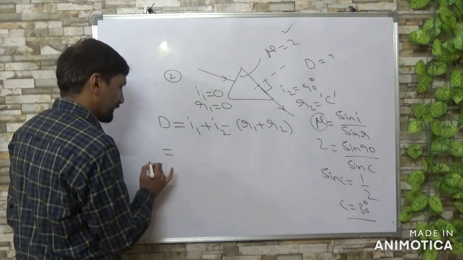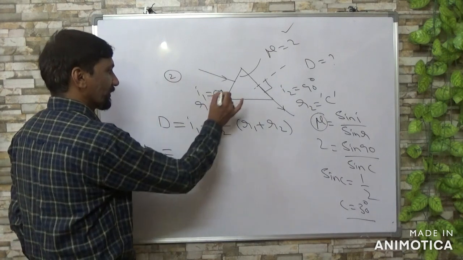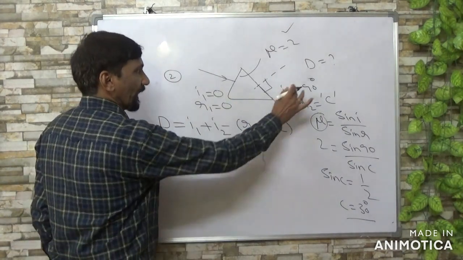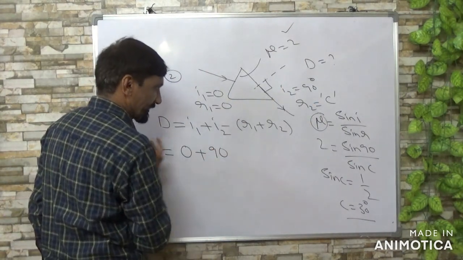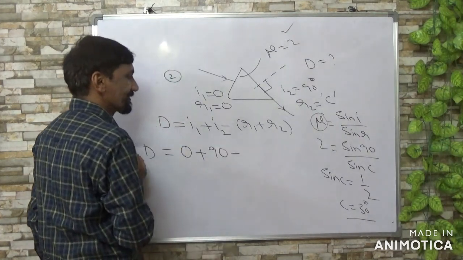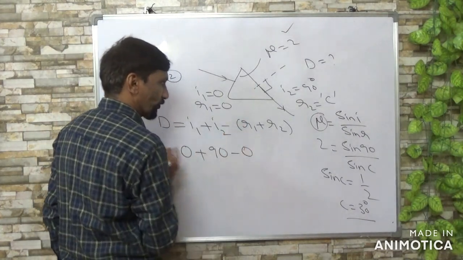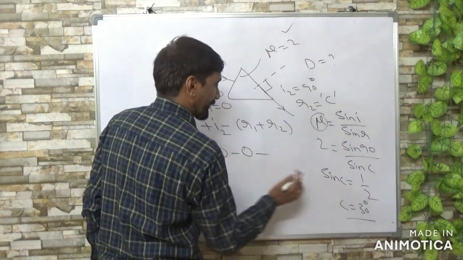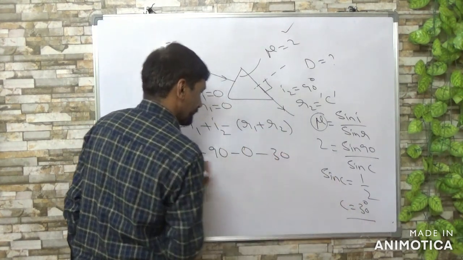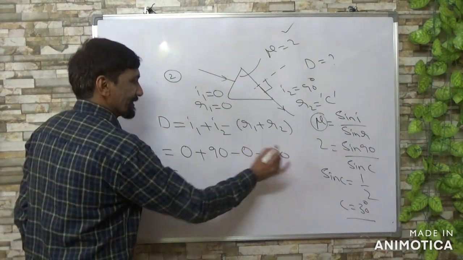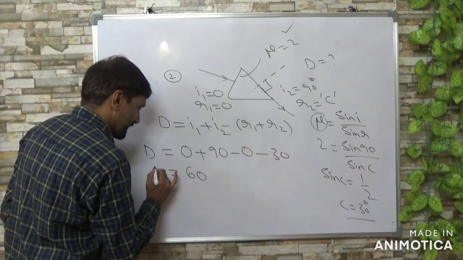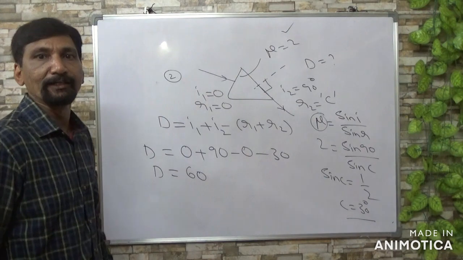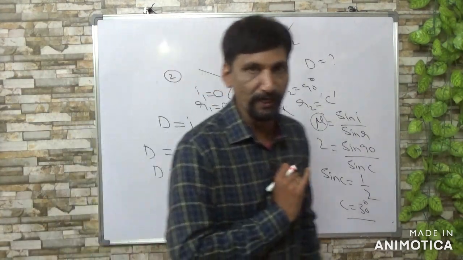Now substitute all this. I1 is 0, I2 is 90, minus R1 which is 0, minus R2. R2 is nothing but the critical angle, 30 degrees. So 90 minus 30 is 60. So this is the angle of deviation.